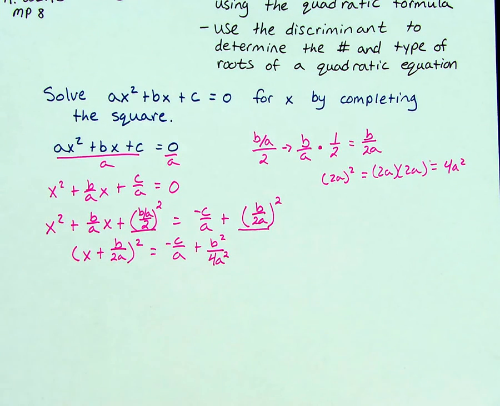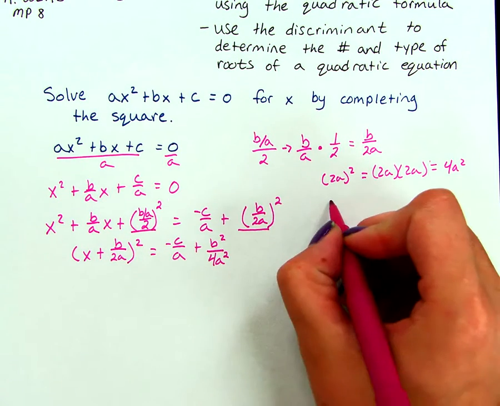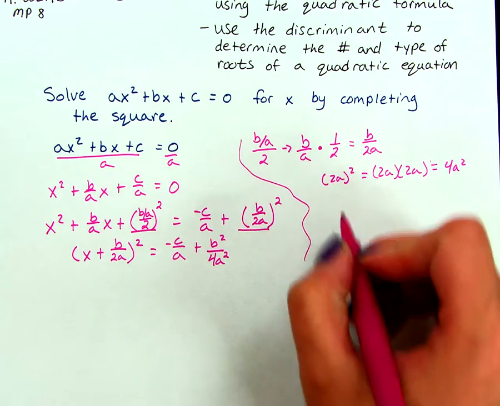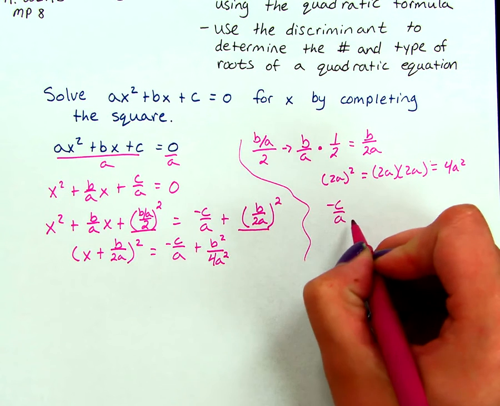And then now we are going to combine like terms. So to do that, that means for this fraction, I'm missing a 4 and a second a. So I am going to take negative c over a times 4a.